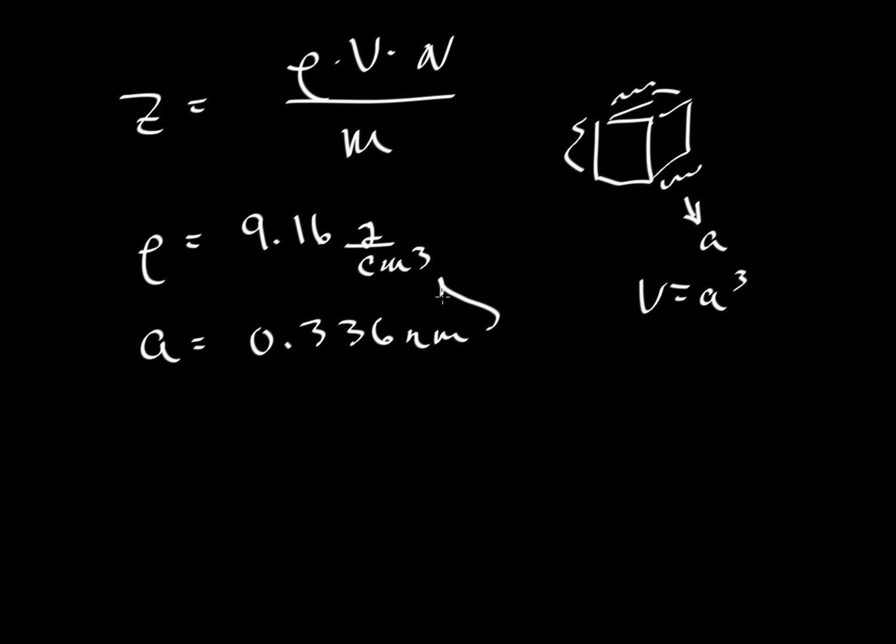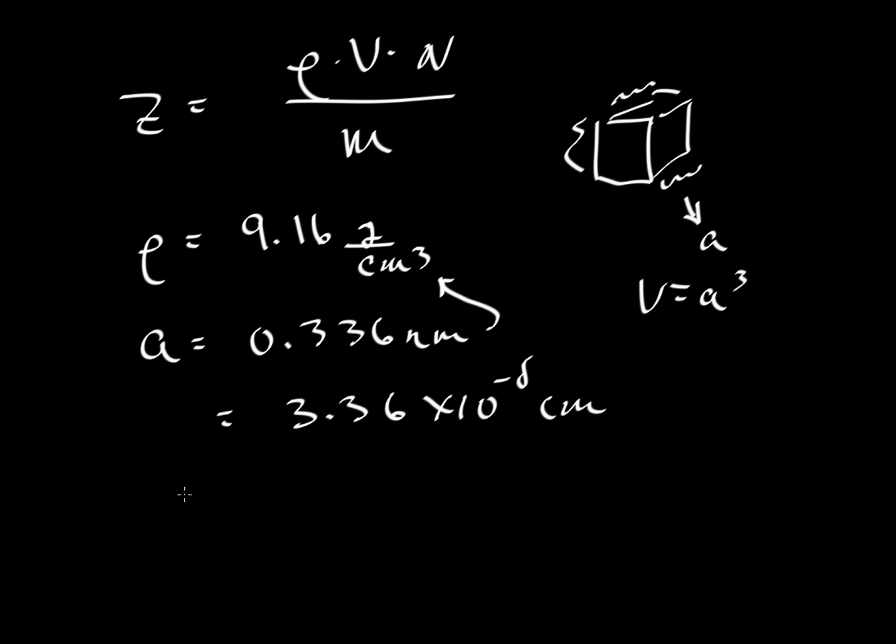But notice that we have this in centimeters, so we're going to convert A to centimeters, and it'll be 3.36 times 10 to the minus 8 centimeters. That's just a little bit easier because this is in centimeters, and so we need those units to cancel. Not just easier, but necessary.